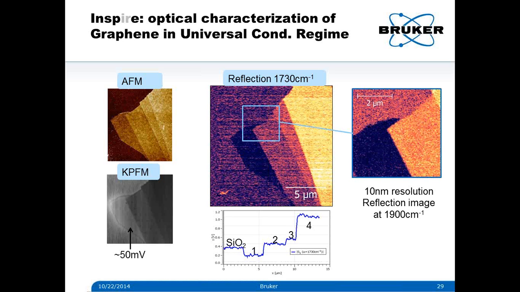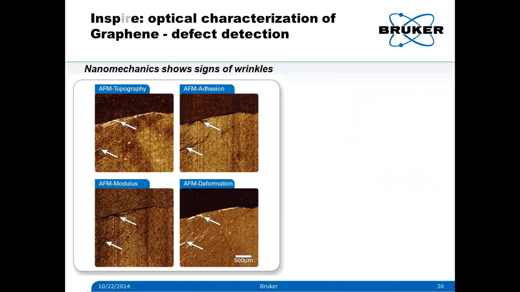And you can distinguish these layers with 10 nanometer resolution in the reflection channel, where you are far away from any plasmonic resonance of your system. On the left side, you see an AFM image of the sample, where you also see some steps, so we are sure that we measure the right number of layers here. And KPFM at the same time would tell us the work function, or equivalently the Fermi energy of your sample. You can get that out of the KPFM measurement.